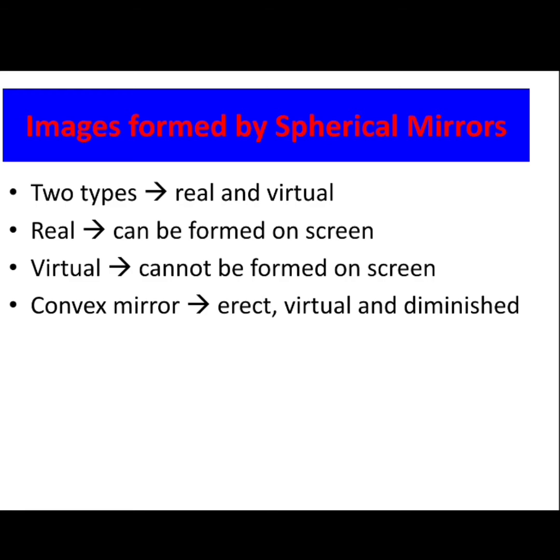Image formed by convex mirror is always erect, virtual and diminished in size. Hence, images formed by these mirrors cannot be projected on a screen. Also, the characteristics of an image are determined by the location of the object.